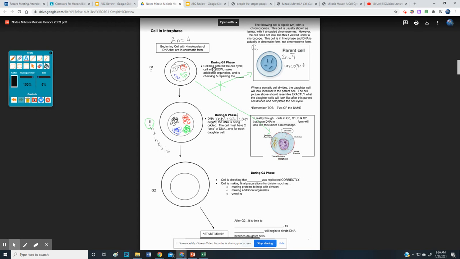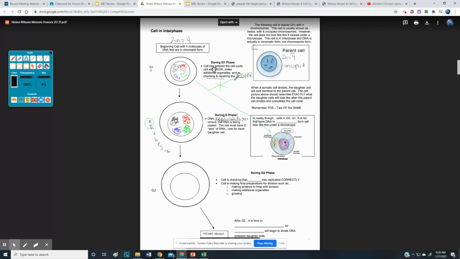If the DNA gets copied in the S phase, during G1 phase, the cell is checking and repairing the DNA to make sure it's good to copy, because we don't want to copy bad DNA. If the DNA is bad, meaning the DNA has been mutated, then that could be a cancerous cell.